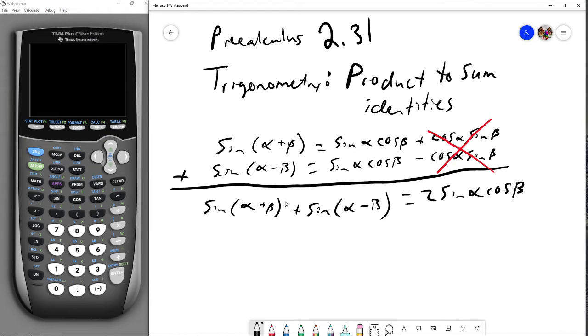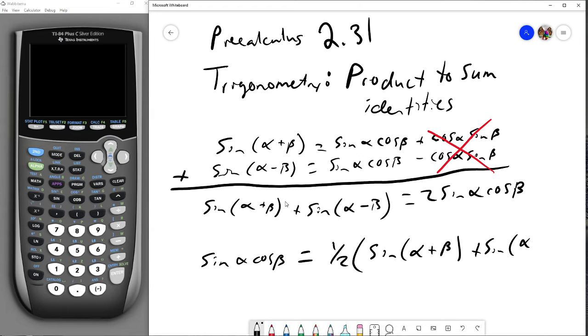Now, if we divide both sides by 2, then on the right side we are left alone with sine alpha cosine beta, and that will equal 1/2 of sine alpha plus beta plus sine of alpha minus beta. And that's actually our identity that we want to prove.